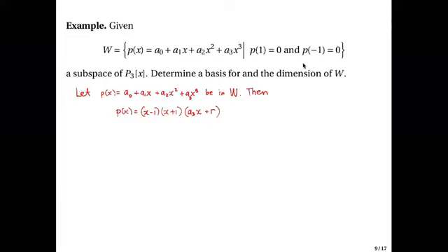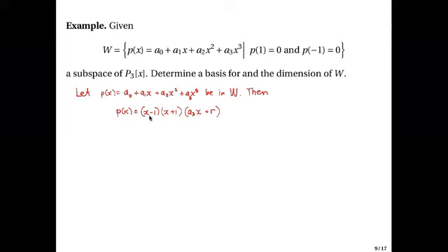Correct? How? Of course, if you multiply these three polynomials, x minus 1, x plus 1, a3 x plus r, this will give you a polynomial of degree 3.